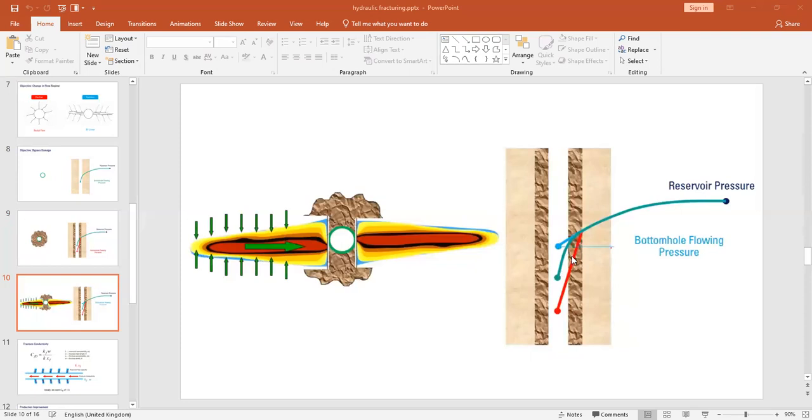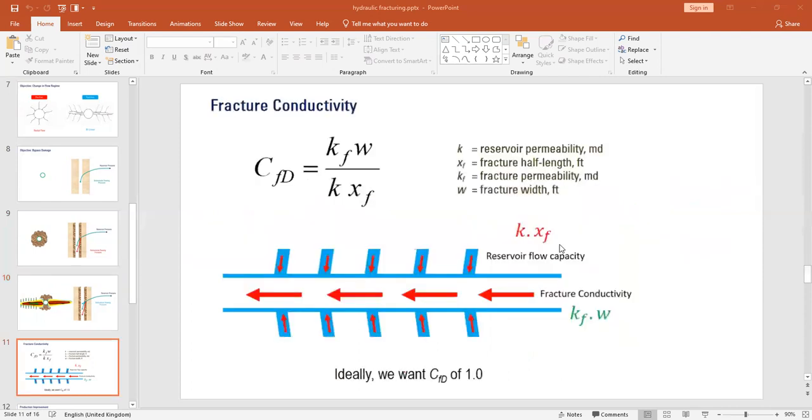At this level, we are having what we call a negative skin. A positive skin is due to damage, while a negative skin is due to stimulation. That's hydraulic fracturing. So we have positive skin that is due to damage, and then we have a negative skin where there is an upward shift in the pressure profile, and this one is mostly due to what? Stimulation.